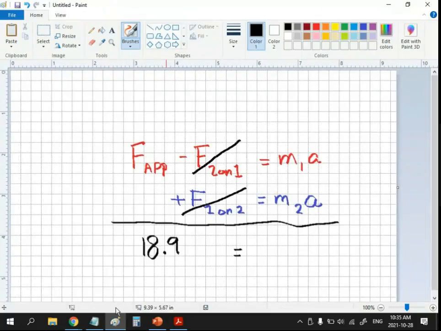What do I do with those two things? Add them up. Do we have numbers? Yes, we do. What's the mass of cart 1? So 1.2 A plus what? 1.8 A, which means 18.9 equals.